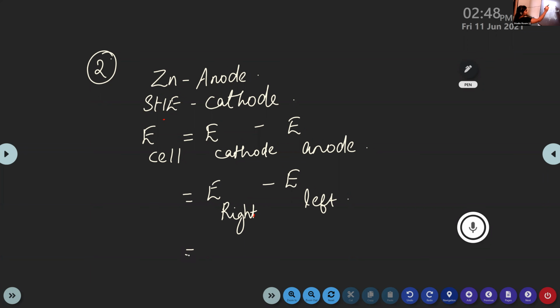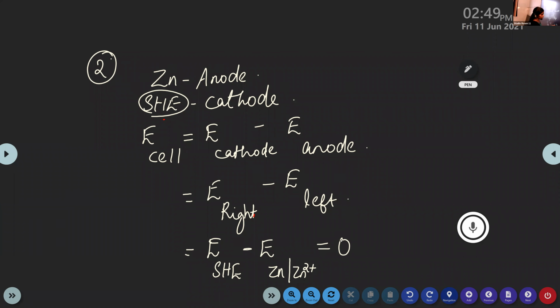Here the right side is the cathode. Standard hydrogen electrode is the cathode. So E SHE minus E Zn bar Zn2 plus. Here the value of standard hydrogen electrode is 0 minus some value that gives the final result.